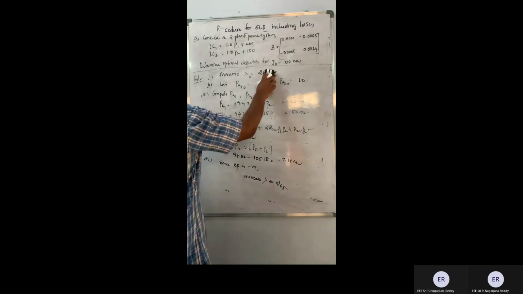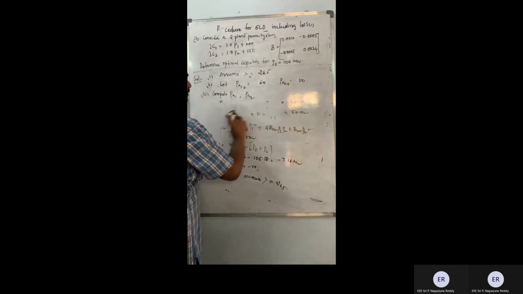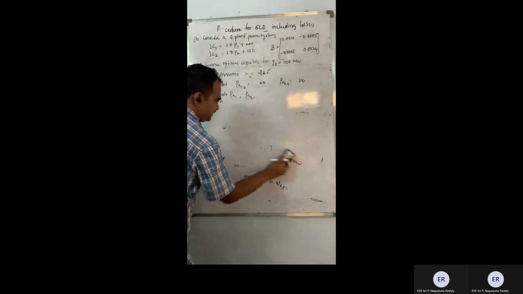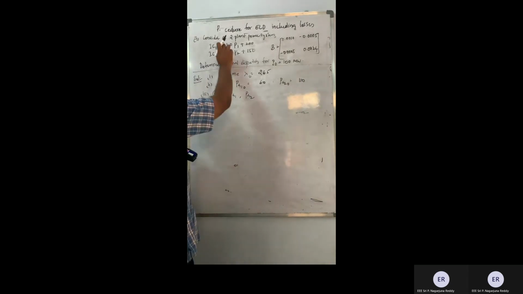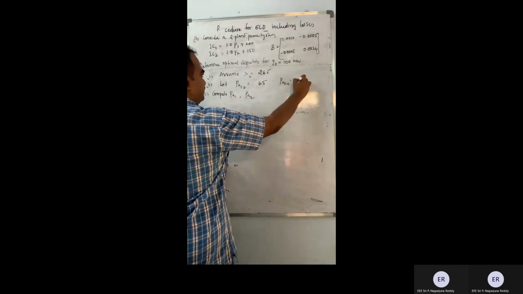Again, my story starts again. So here again I will go with 265. If I take it as 265, so what will be my initial generation? My initial generations will be 65 and 110. Again my story starts till I converge my problem.